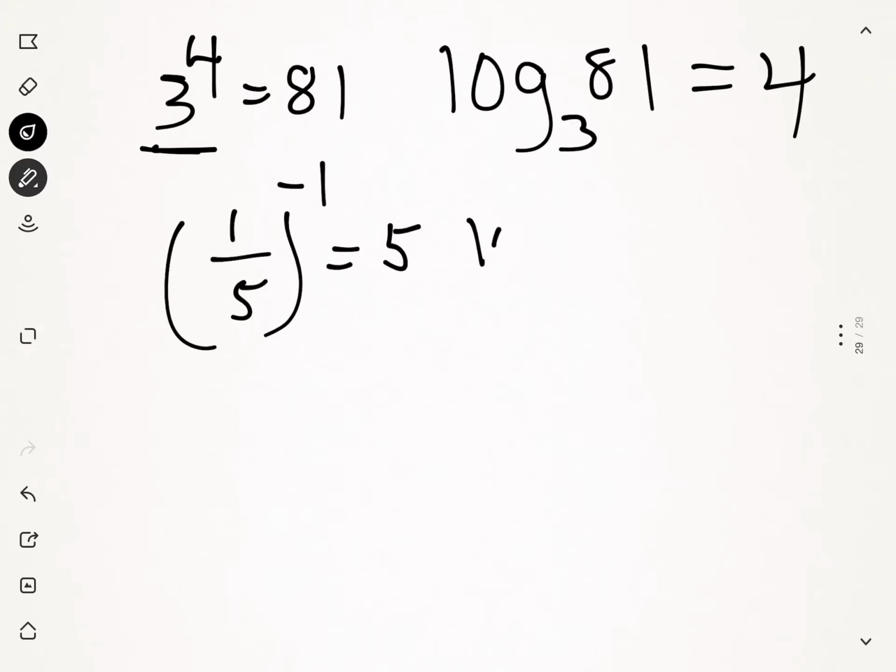So log 1/5 of 5 equals minus 1. Okay. All right. So that's just converting between exponential and log and exponential. And you're basically writing the same thing over and over again in different forms.